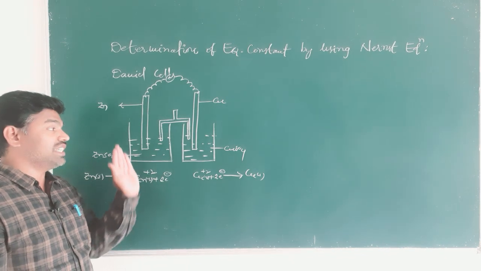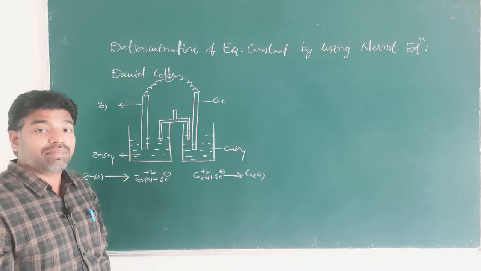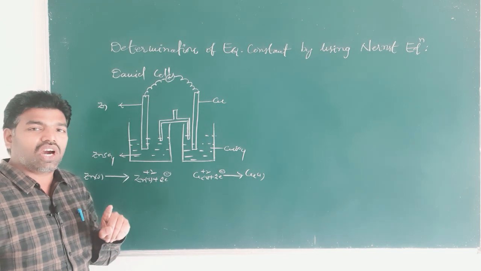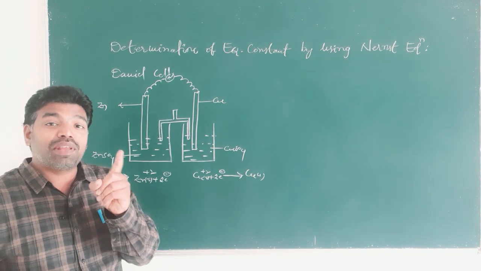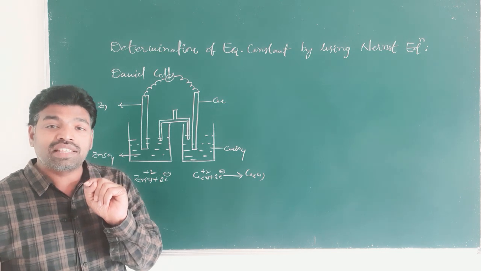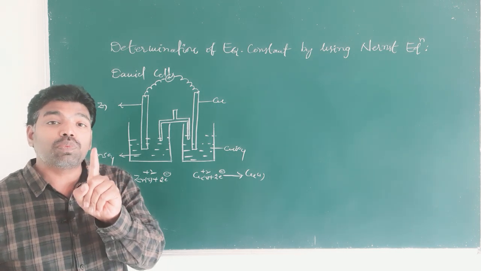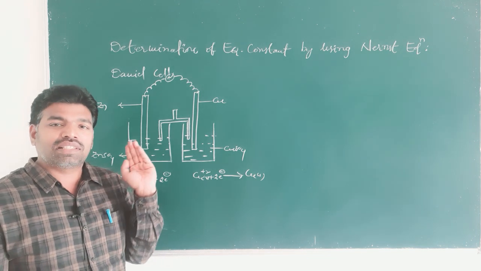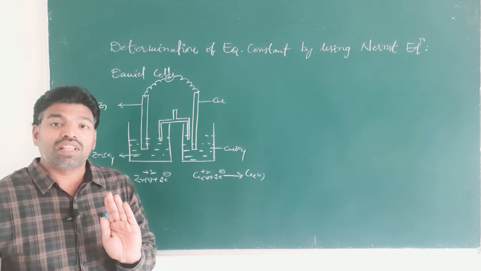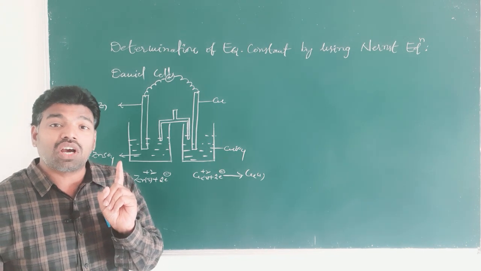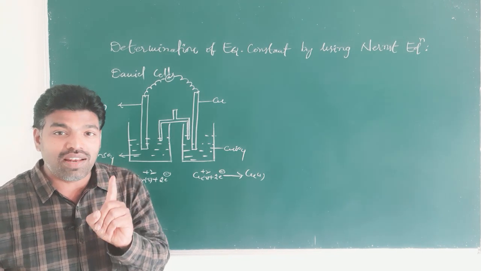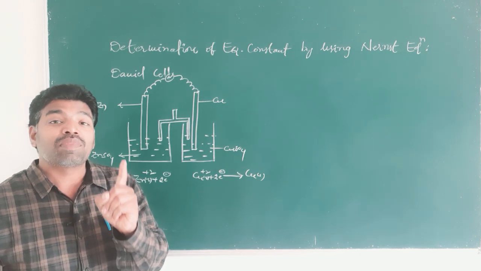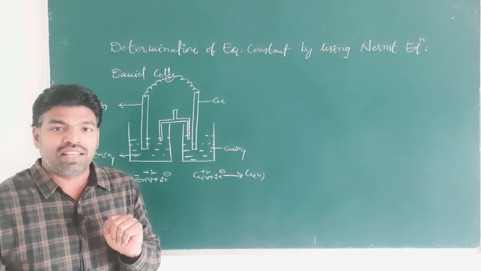But after some time, when the cell has been functioning for a while, we find that there is no change in the concentration of Zn+2 ions as well as no change in the concentration of Cu+2 ions.